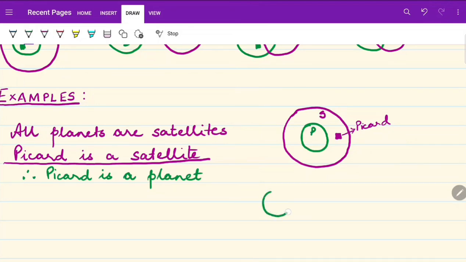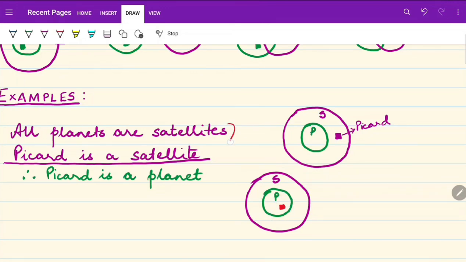We have our circle of planets. Outside, we have a circle around for satellites. But when we include the conclusion, Picard is a planet, then Picard should really belong here, right? Picard should really belong within the circle of planets.